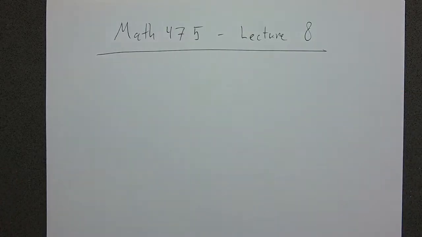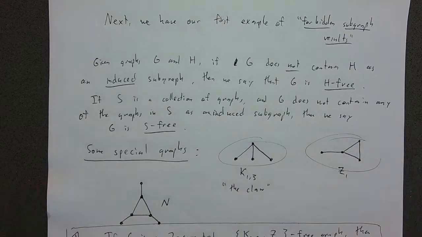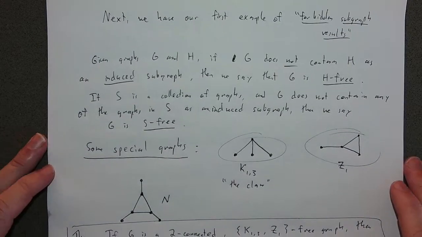Yesterday we ended with our first example of what we could call forbidden subgraph results. Just to remind you what that looked like.